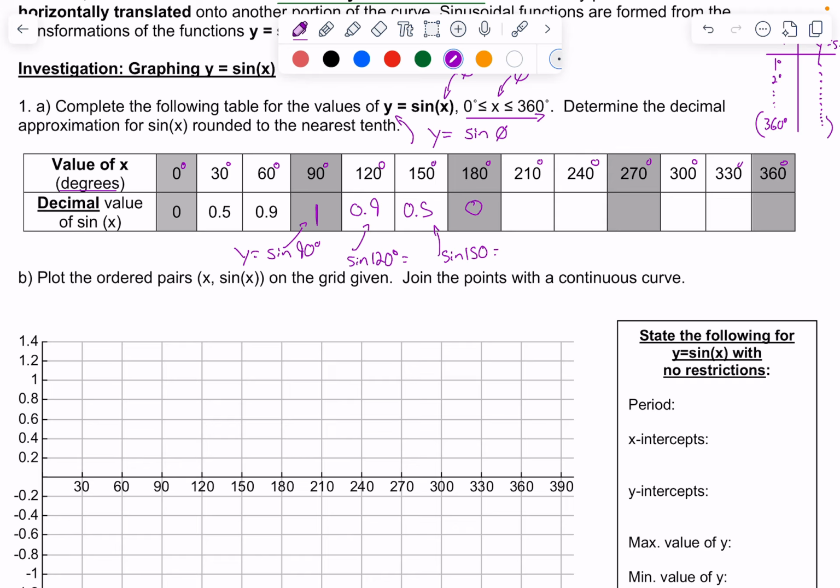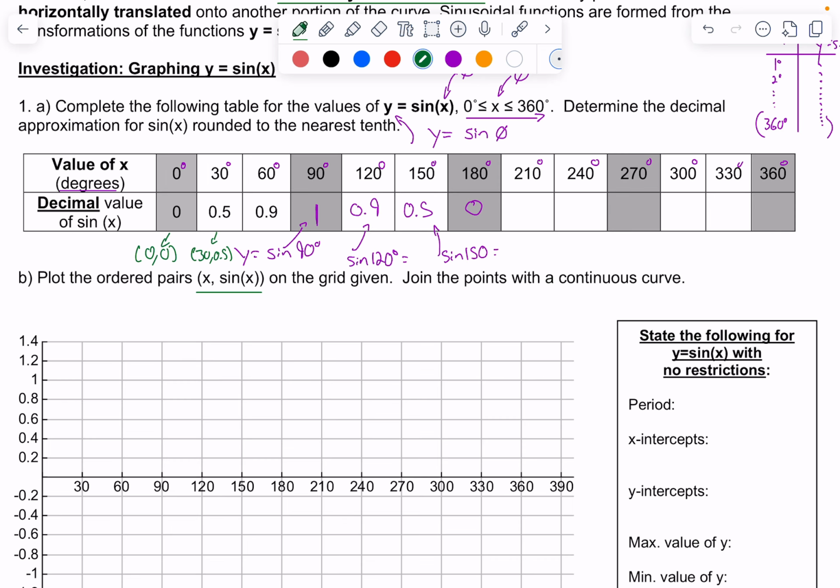So everything here, these are ordered pairs, right? What this plot corresponds to, it says it right here. This would be the coordinate 0, 0. This one would be the coordinate 30, 0.5, and so on and so on, okay?